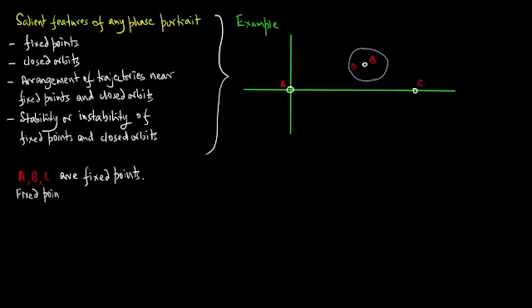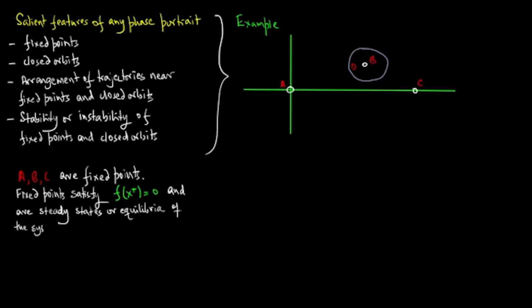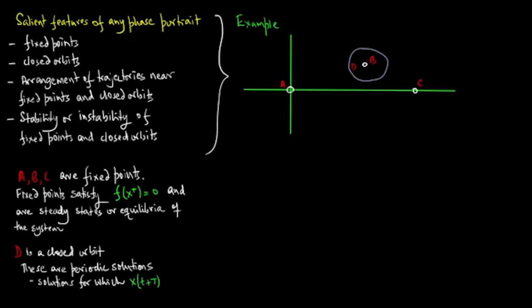Fixed points satisfy f of x star is equal to 0 and are steady states or equilibria of the system. D is a closed orbit. These are periodic solutions, i.e. solutions for which x of t plus capital T is equal to x of t for all t for some capital T greater than 0.